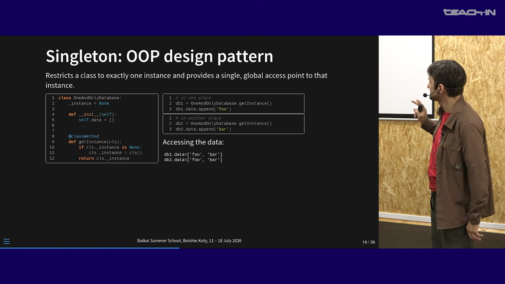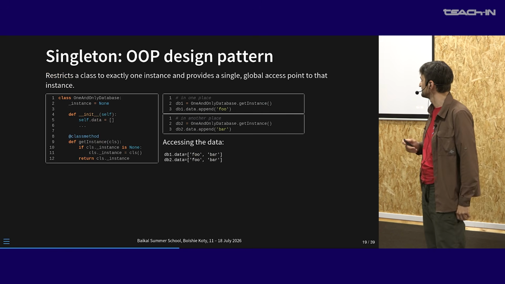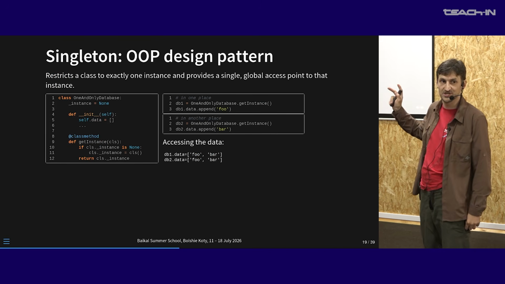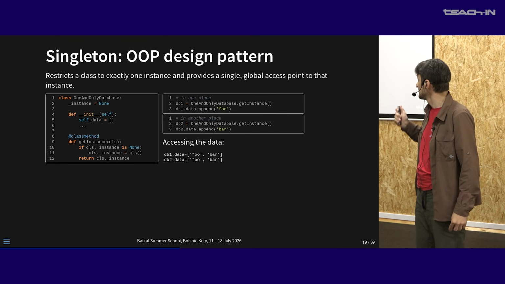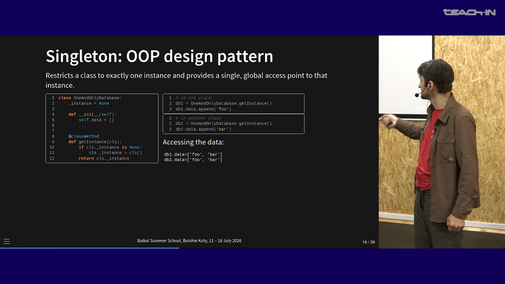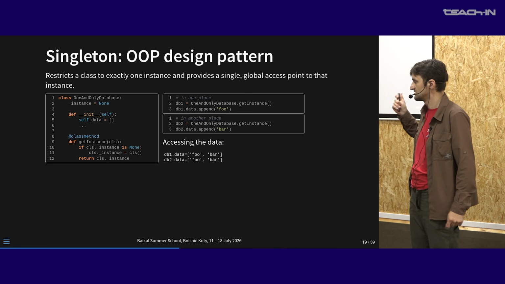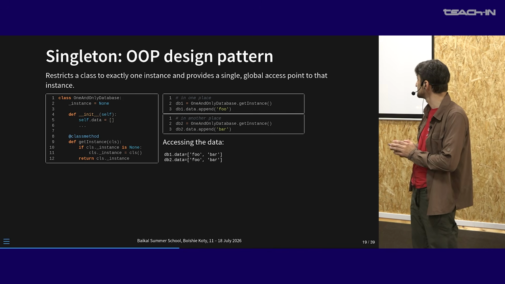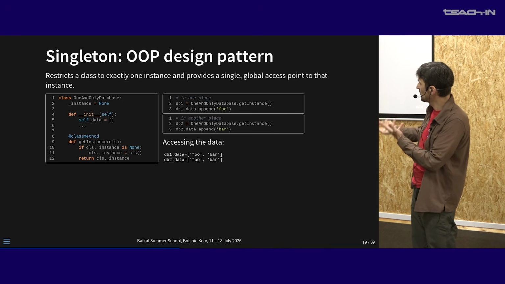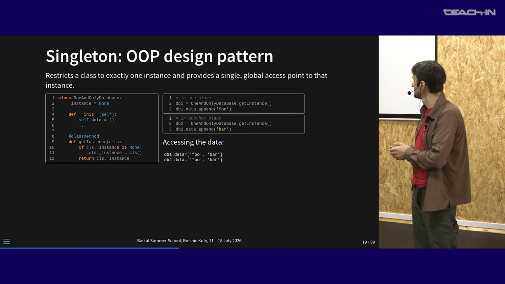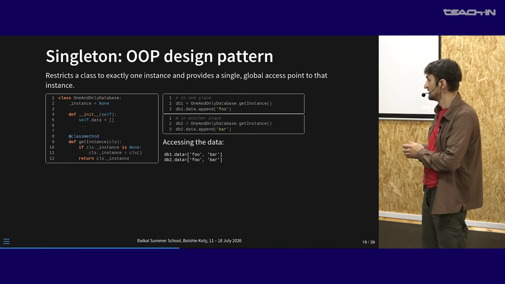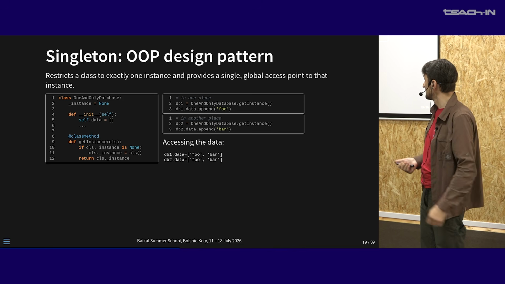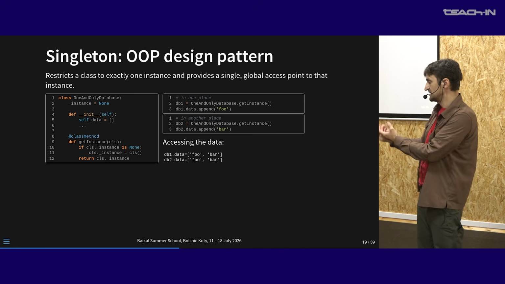Okay, last point on this, and then we get to Geant. In many places you will find this singleton. They really love this singleton. Singleton is a design pattern, so it's a way, let's say, to solve a problem: the problem of accessing one instance.